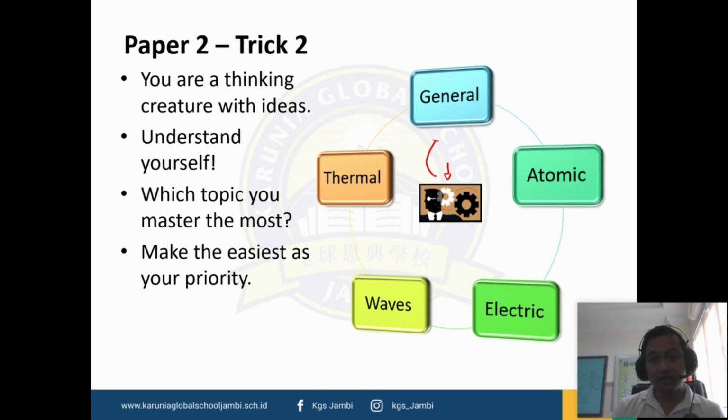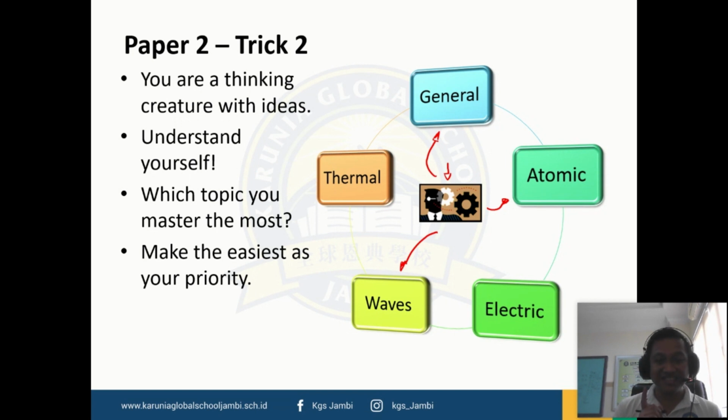Example, Mr. Toho will prefer general physics and also atomic physics, and also waves. When I was your age, these are the three topics that I would pick the most, because these are the three that I master.